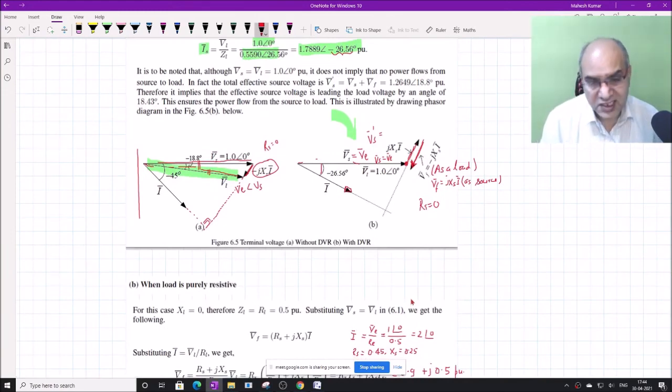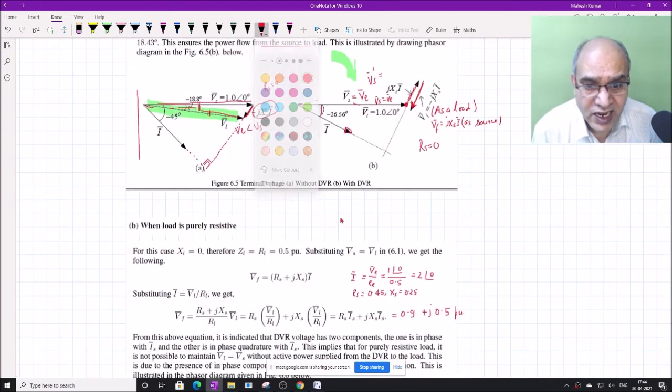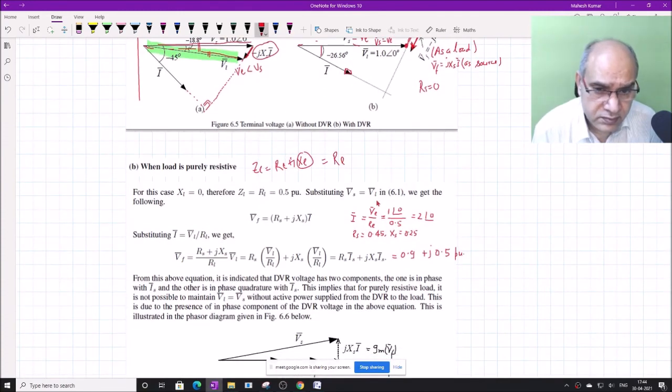In the second case, when the load is purely resistive, it basically means that ZL equal to RL plus JXL, and XL is 0, therefore this is only RL. And its value is 0.5. We want to get this condition here.